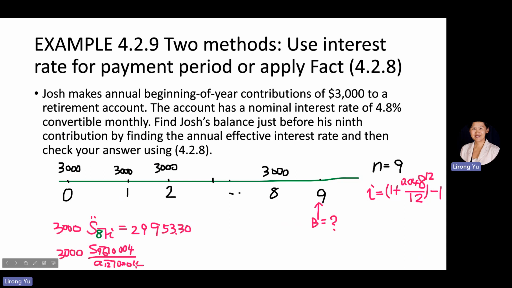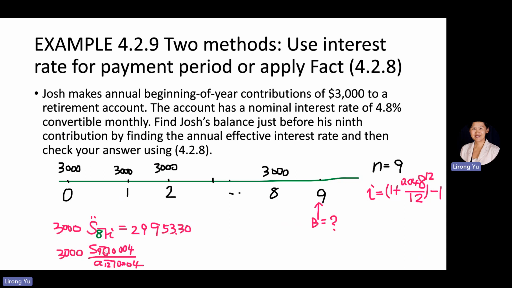On the other hand, in the denominator, we're looking at the K. K is the payment period, and each year there are 12 interest periods, so K equals 12. So the denominator is A12 at 0.004. Using this, you'll be able to find exactly the same thing.